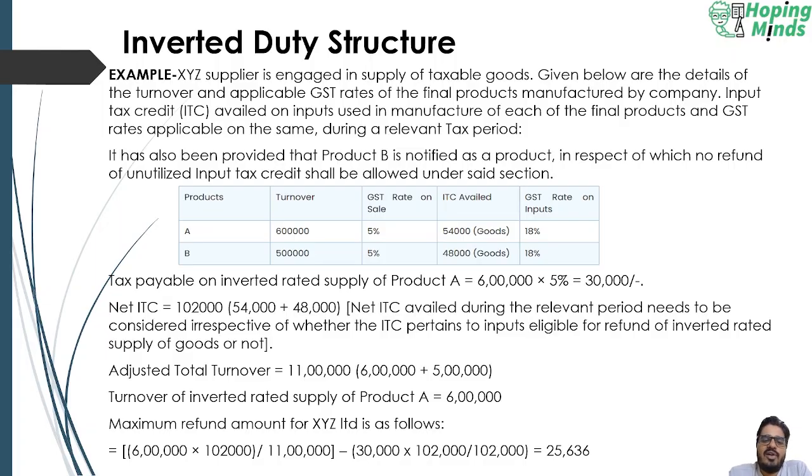The maximum refund amount that can be claimed will be calculated as rupees 6 lakhs, that is the inverted rated supply, divided by rupees 11 lakhs, that is the adjusted total turnover, into the total input tax credit, that is rupees 1 lakh 2,000. This will be the maximum amount subject to the output liability, that is rupees 30,000. So the final amount comes to rupees 25,636.